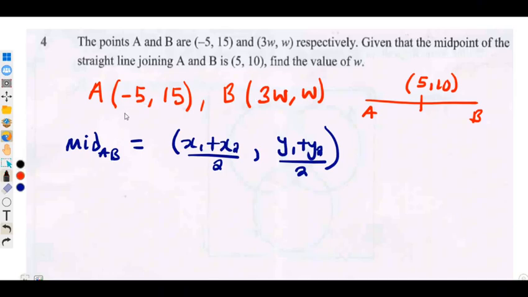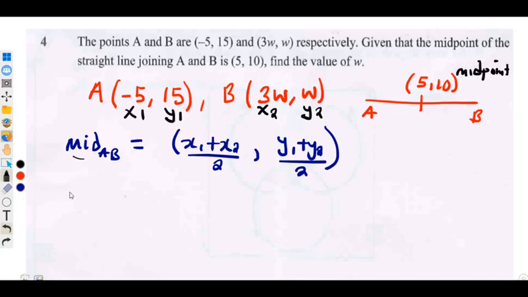So we need to rename our coordinates here. This is x1, this is y1, and this is x2, this is y2. So remember, this is the midpoint, okay? (5, 10) is the midpoint of AB.